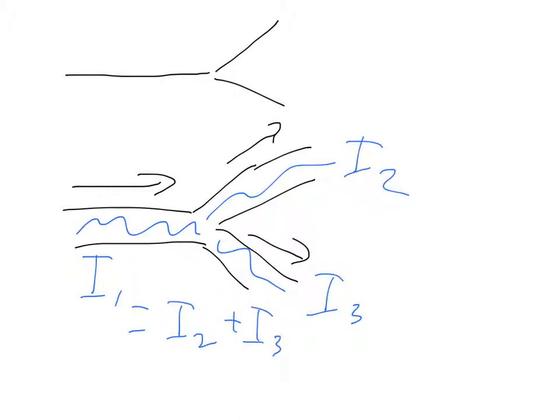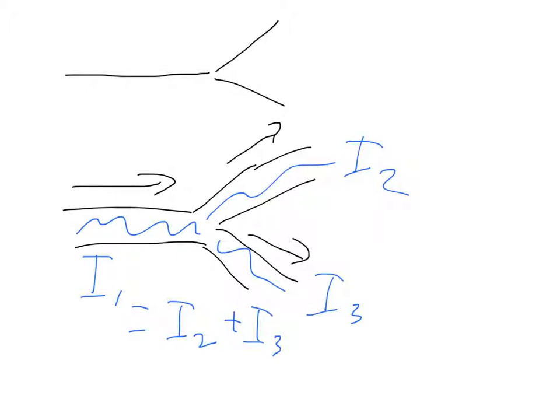But obviously this equation isn't going to get us very far. There's an infinite number of solutions to this. If I know the current coming in, there's an infinite number of other possibilities of what those currents could be. So we would need to think a little bit more carefully about what's going on.